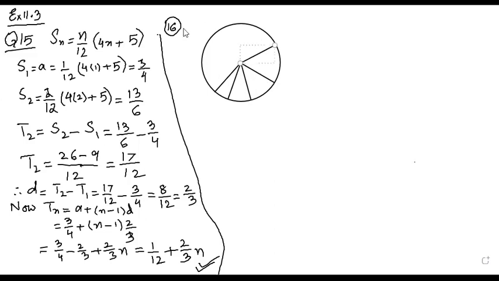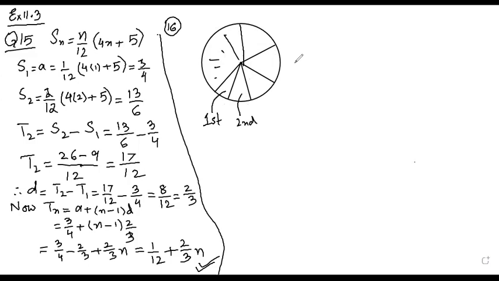Okay. Then we can make like this, and so on. Right. So this one is the first one, and this one will be the second sector, and then so on.